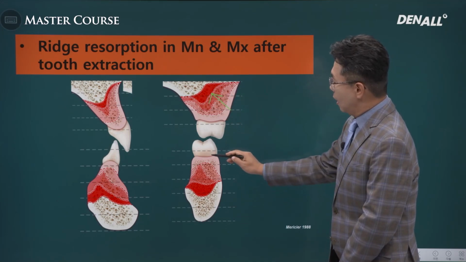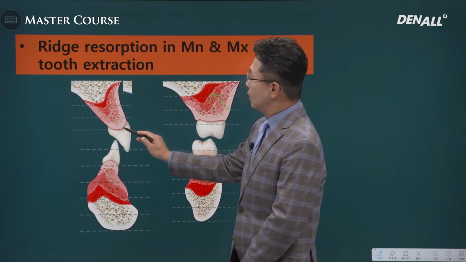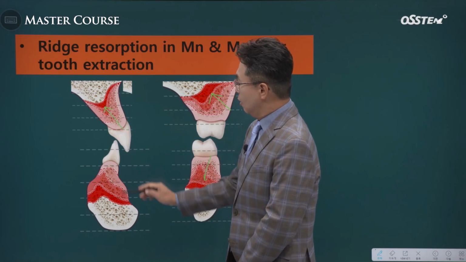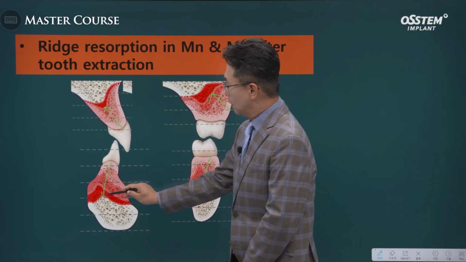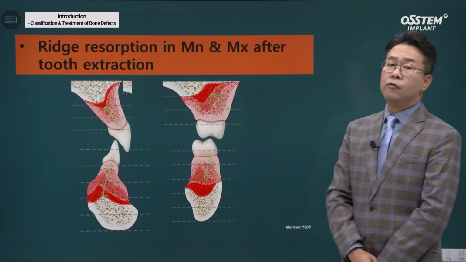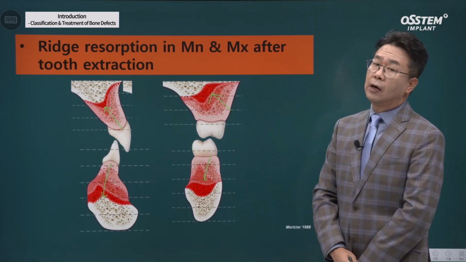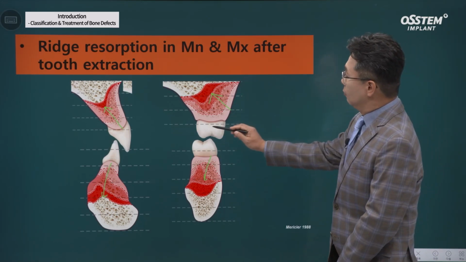The resorption progresses as shown, and in the lower, it becomes resorbed like this. It's the same with the anterior, and it's the same with the lower. There's a slight difference from the Atwood classification because you can check the occlusal relationship.